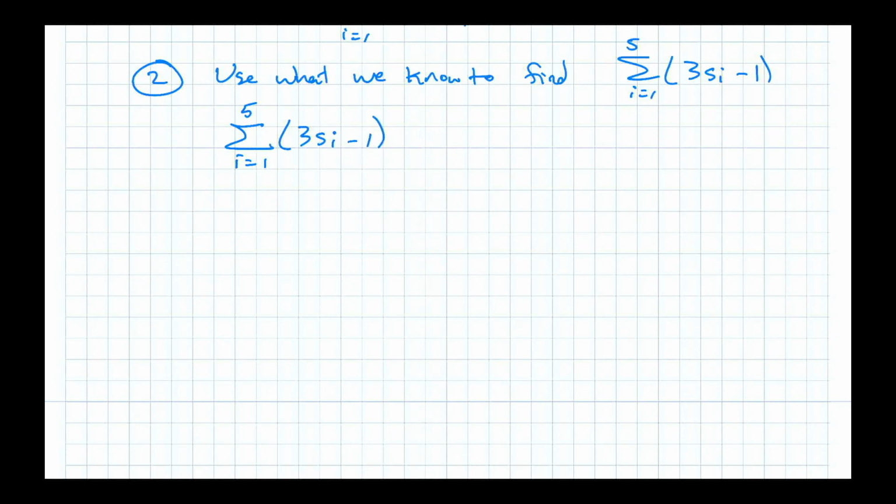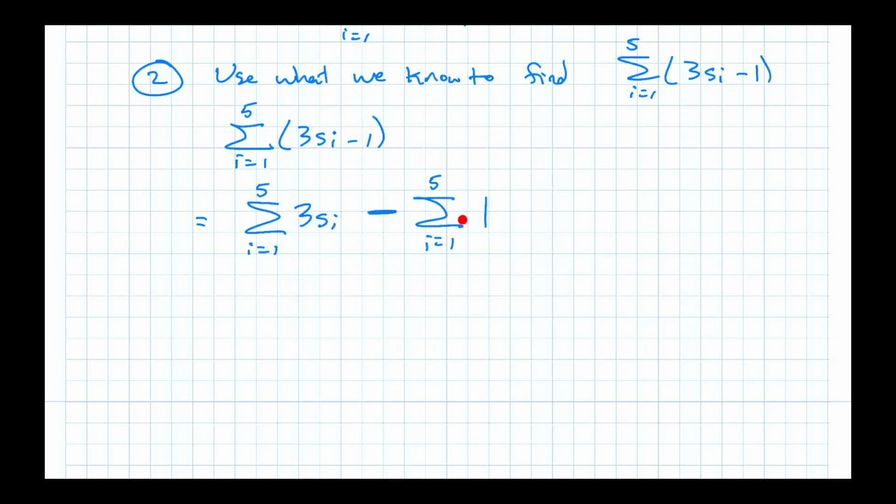So we have one property that says we can split this up into 2. So let's do that. The sum of 3si, and then I'll do it this way, minus the sum as i goes from 1 to 5 of 1. You have to be careful. Do you put the minus here, or do you put a plus here and the minus here?